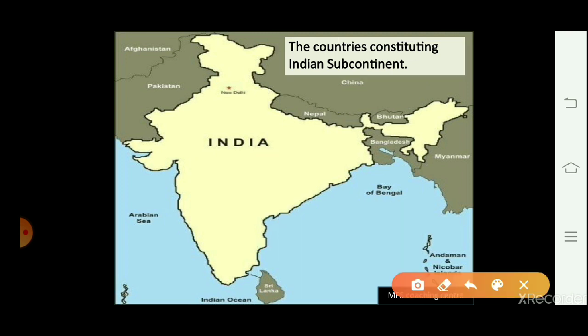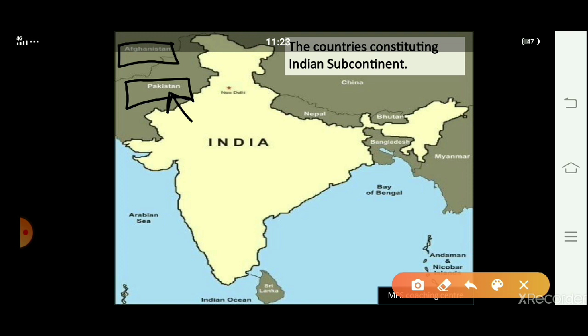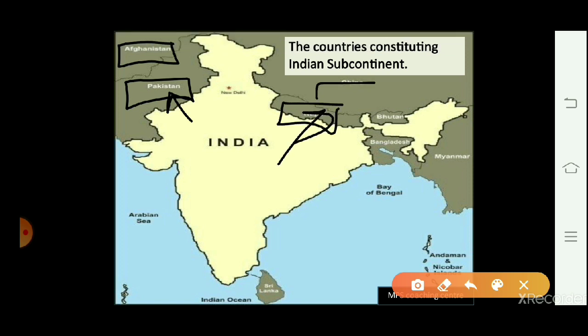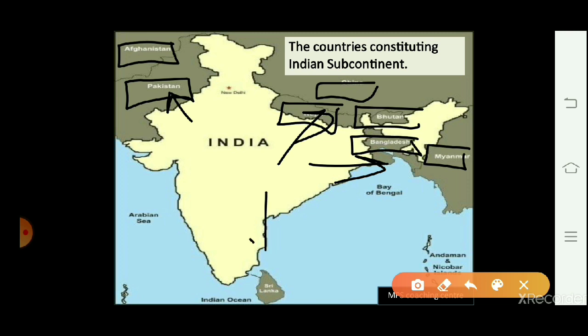So in the northwestern side we have to plot Pakistan and Afghanistan. In the northern side we have to plot Nepal, China, Bhutan as countries constituting the Indian subcontinent, whereas in the eastern side we have to plot Bangladesh and Myanmar, and in the southeastern side we have to plot Sri Lanka.